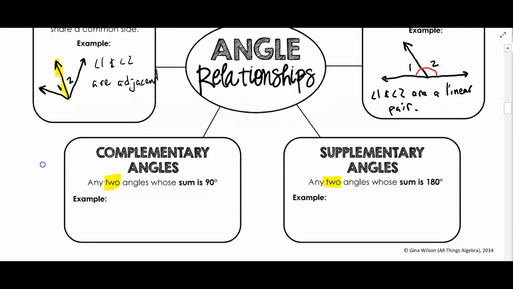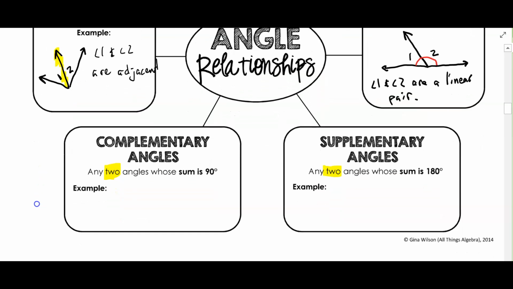The last two we have are complementary angles and supplementary angles. Complementary angles are any two angles whose sum is 90. We're going to look at two different examples, because I could have an angle over here that's 40 degrees and an angle over here that's 50 degrees.